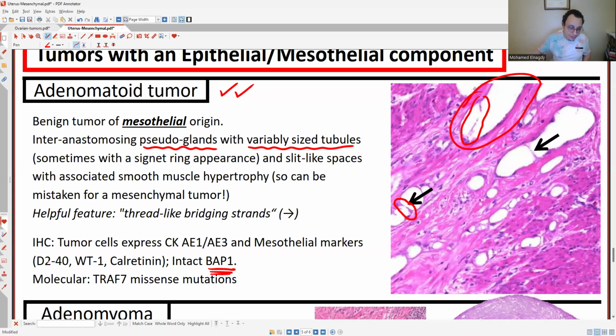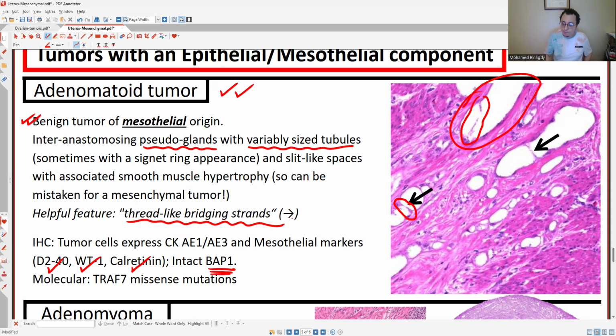Mesothelioma usually has BAP1 loss, but here D2-40, WT1, and calretinin are positive, and that's why they believe that this benign tumor, the adenomatoid tumor, is actually of mesothelial origin, because we have positive mesothelial markers. However, we still have intact BAP1. There is no BAP1 loss. Please memorize and remember the thread-like bridging strands.